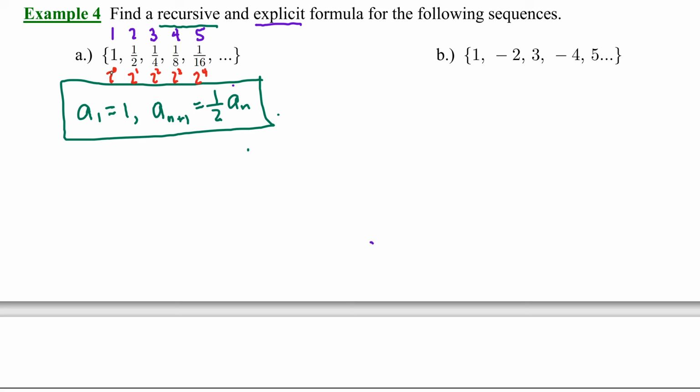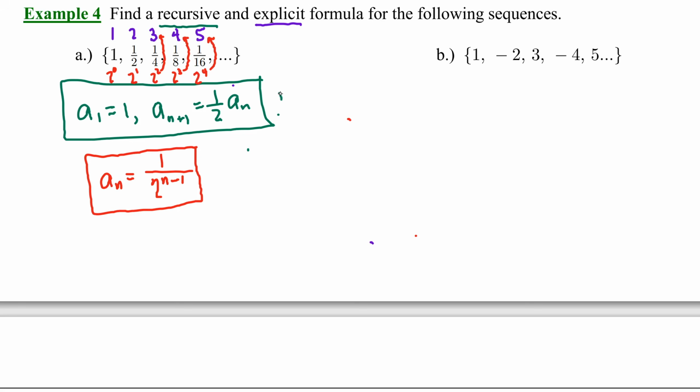Now look at the connection between the power or the exponent on the 2 and the position. Notice in each case the power is 1 less than the position. So we could say a sub n is equal to 1 over 2 to the power n minus 1. This is the explicit or nth term formula.